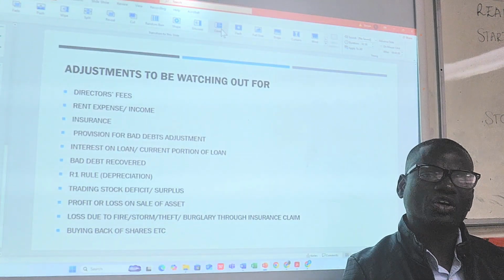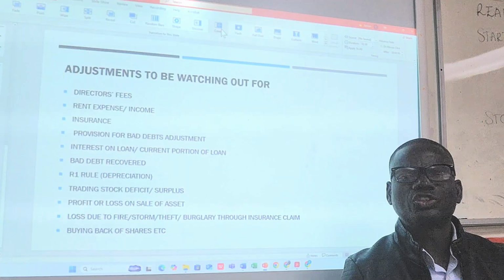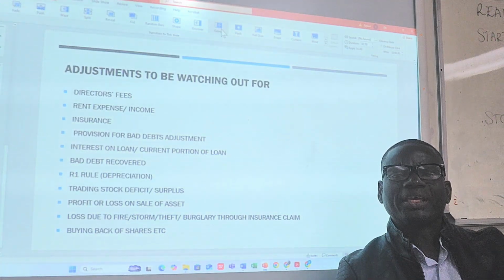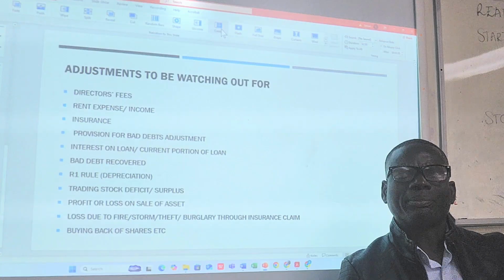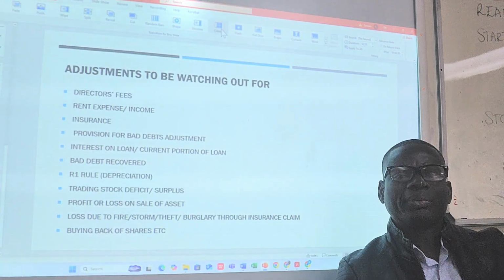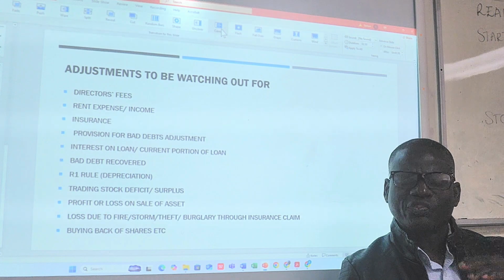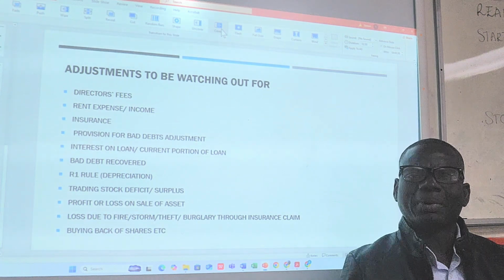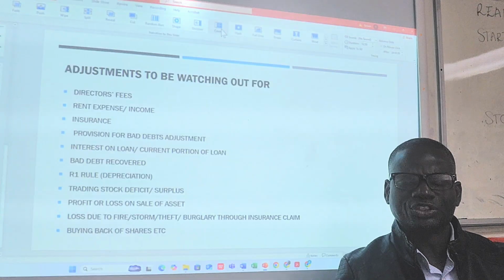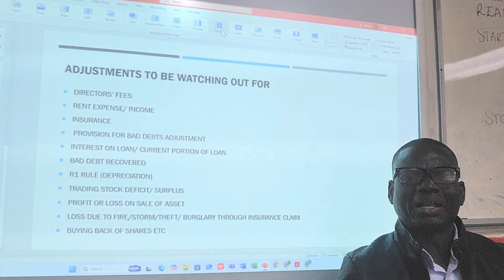Do not forget about the alignment. I normally use this for my learners: BARB, BRAB, or BAB, BRB. If you follow those, what I mean by B is balance in the beginning, additional share issue, the purchase of shares, and balance at the end.